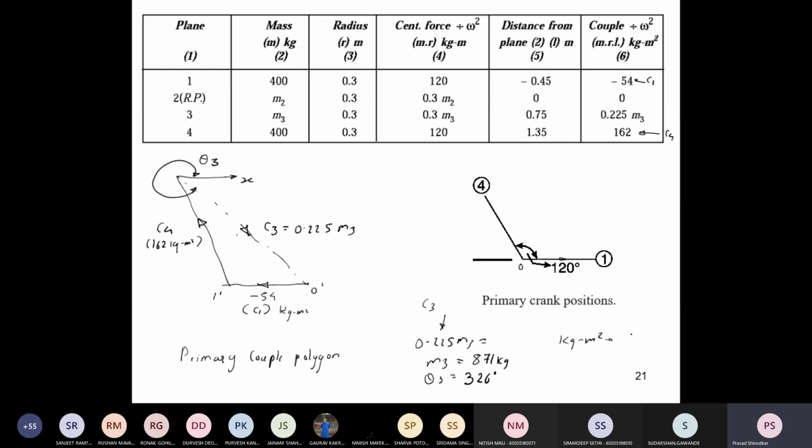From the positive x-axis, measure 326 degrees. So it comes out somewhere over here. So this is your mass 3.